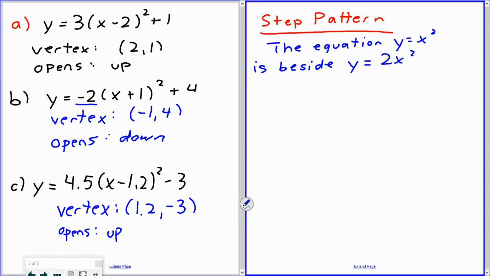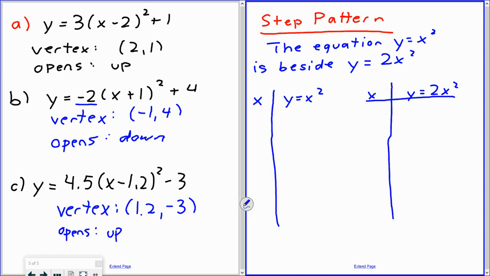So I'm going to do x, y equals x squared, and x, y equals 2x squared. What I'm trying to show you here is how the step pattern goes. I'm going to start the first one, and then you guys are going to do the rest.